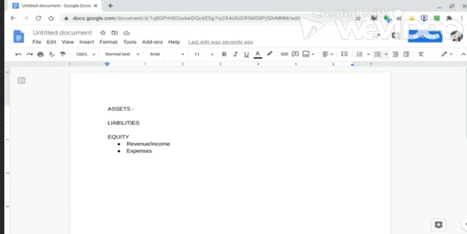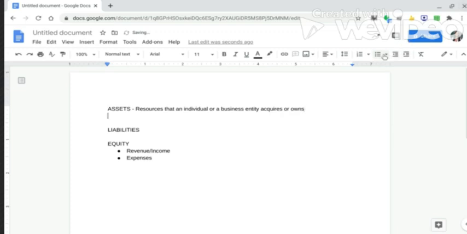So these are resources that either an individual or a business entity acquires or owns, considering that the following factors, that you can read from books, but then again, ayoko siya i-define bookishly.